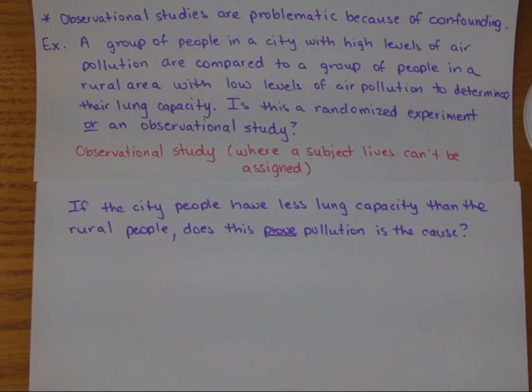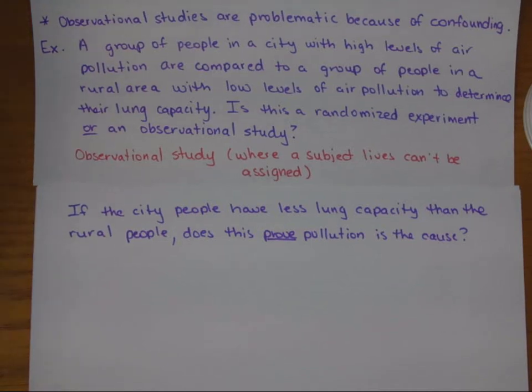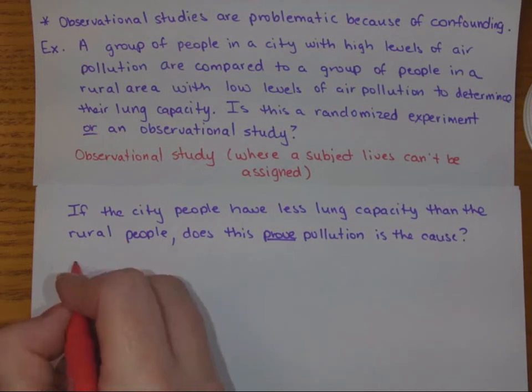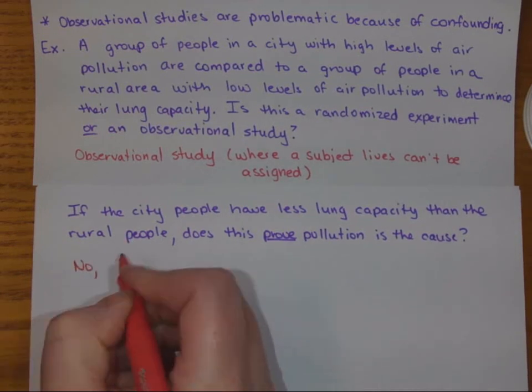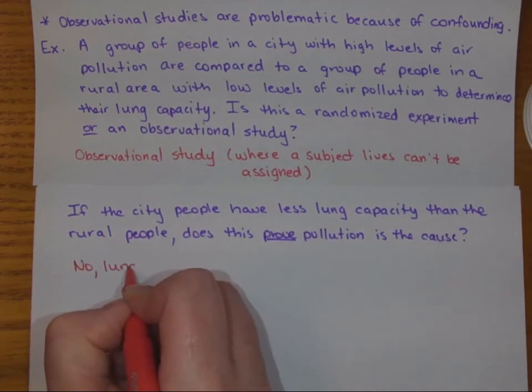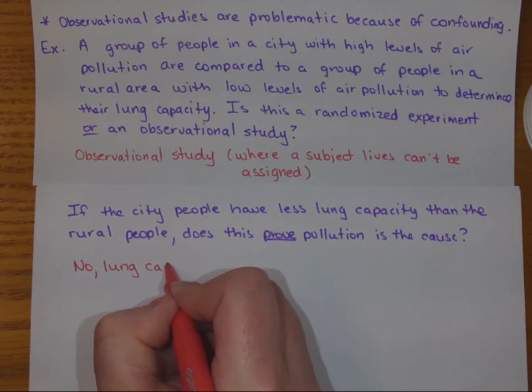Okay, and so the key here is the fact that we're trying to prove something is true, kind of beyond a shadow of a doubt, right? So I would imagine that the city people probably do have less lung capacity than the rural people, but note that that still wouldn't prove that it was due to the pollution, right?